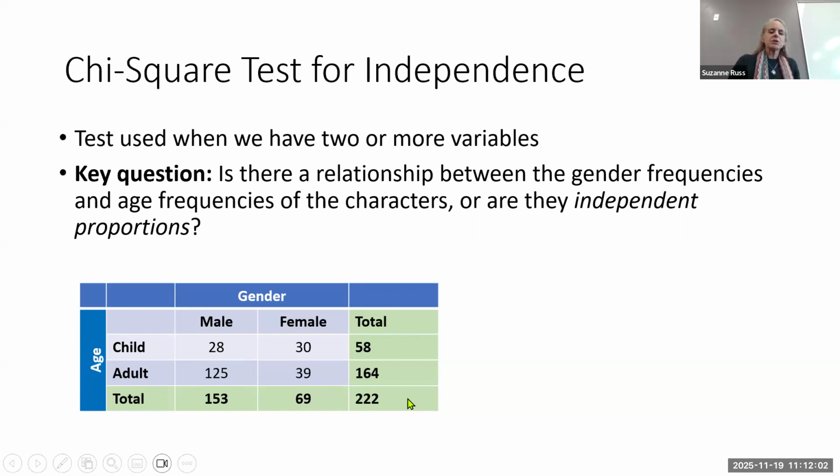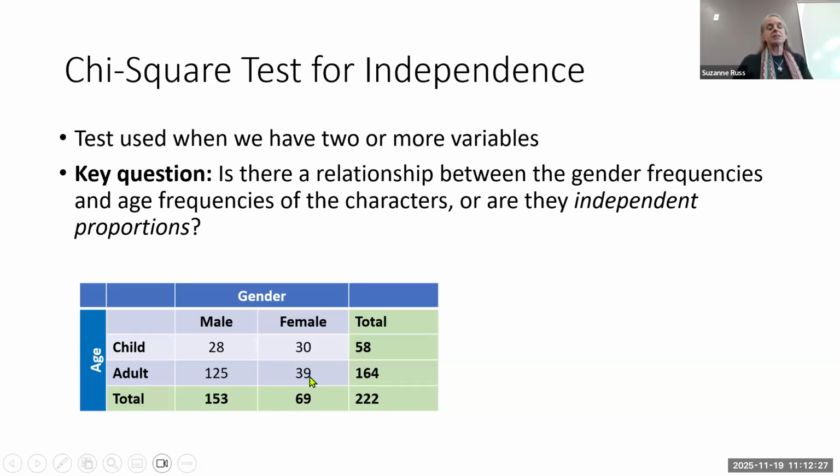Of those 222 boxes, note where the 222 is. It's in the corner here. And then how many had male characters who were children? 28 of them. How many had female characters who were children? 30. Total of 58 boxes had characters that were children. Of the adult characters, how many were male? 125.